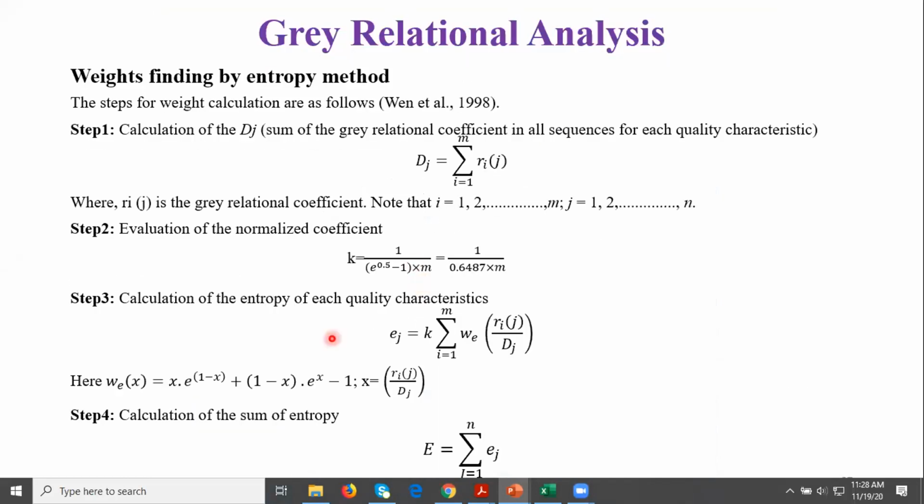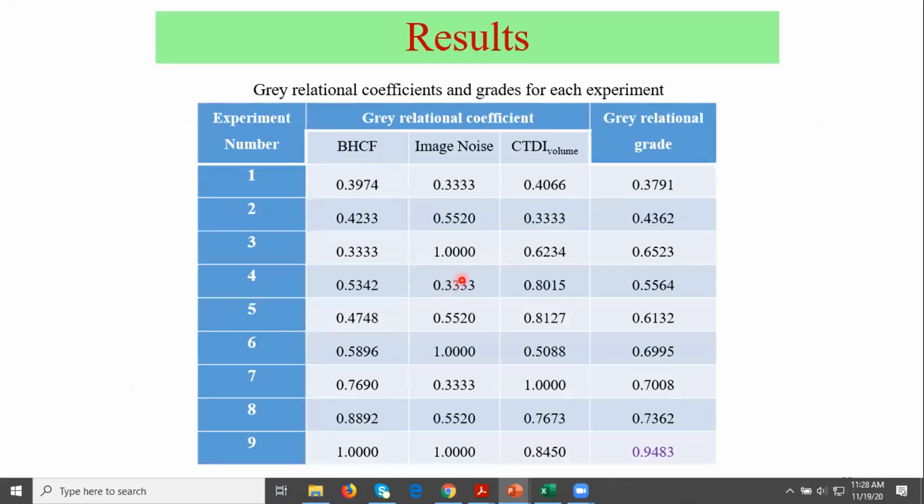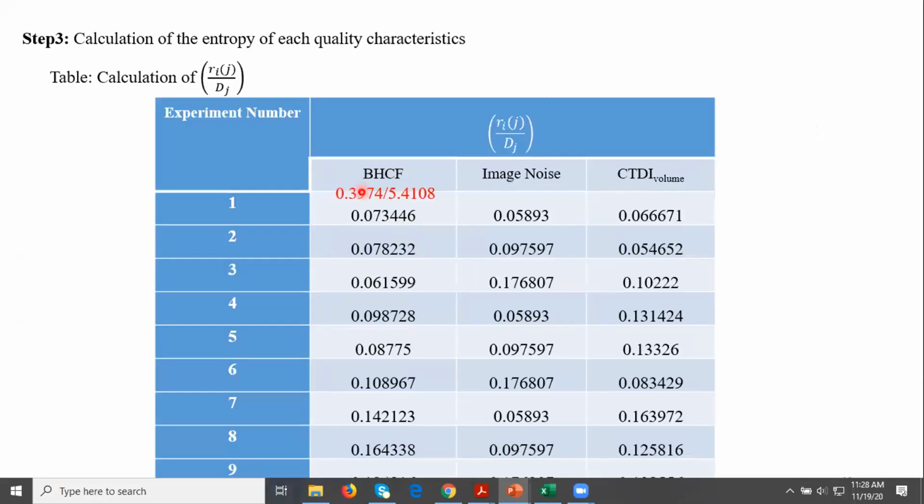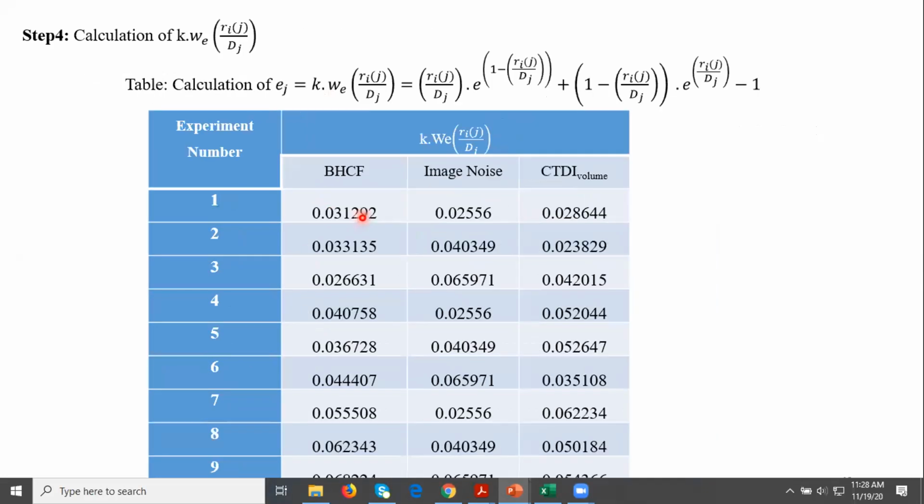You can see the weight function here: x e to the 1 minus x, where x means Rij by dj. In this function we applied these values, then you get these values here.